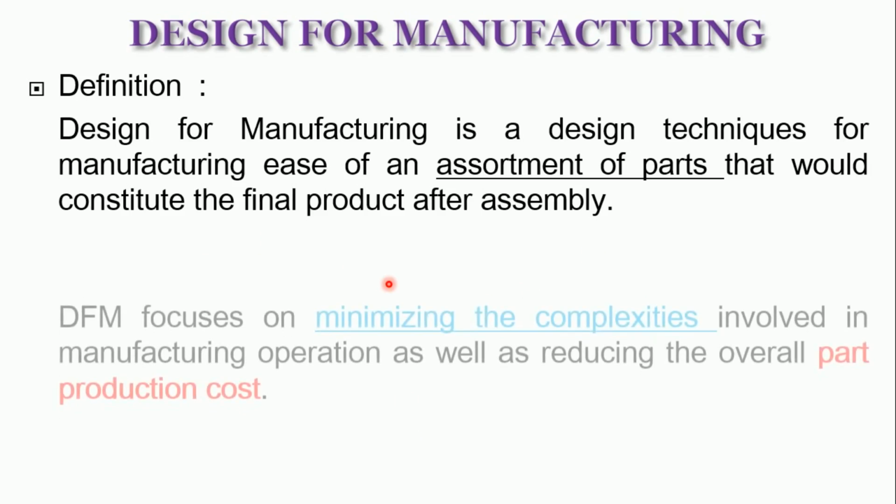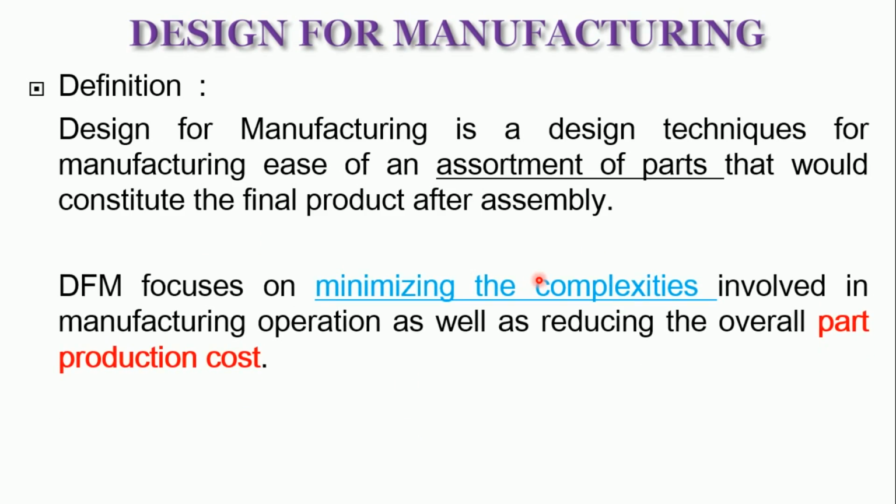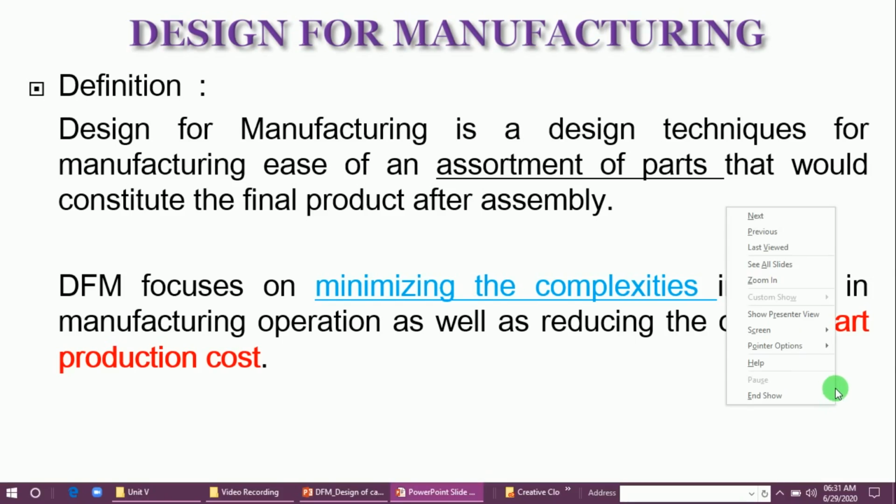The design focuses on minimizing the complexities involved in the manufacturing operation, as well as reducing overall part production cost. There are two basic goals for design for manufacturing: minimizing complexity and minimizing part production cost.